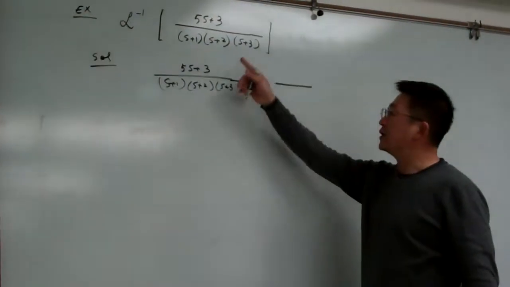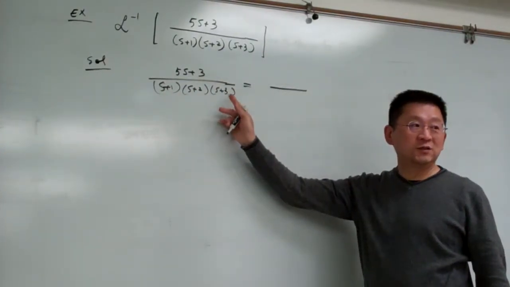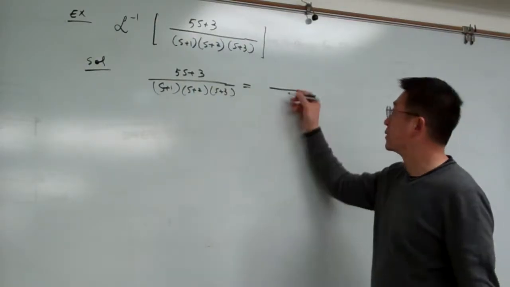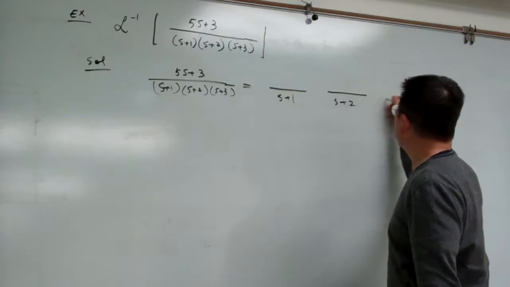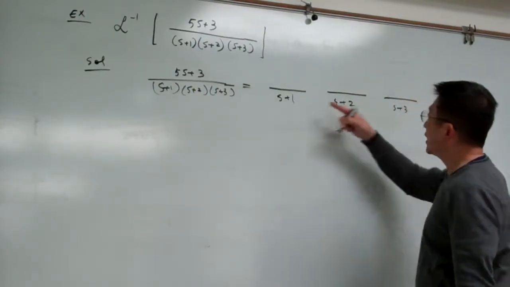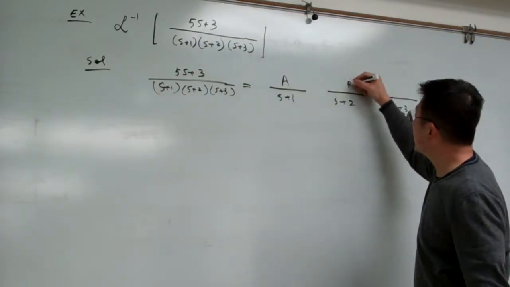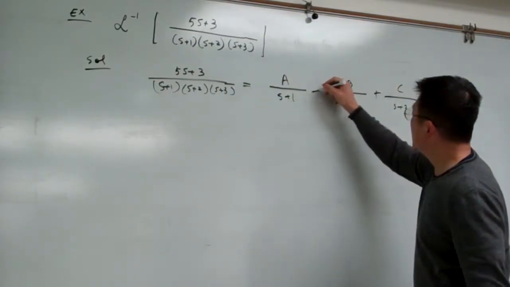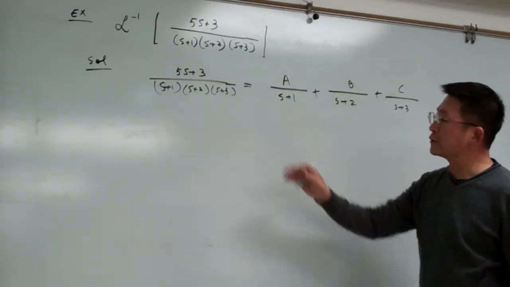Here we have a multiplication of three linear terms, so we simply factorize for each term: s plus 1, s plus 2 and s plus 3. We don't know what the coefficients are, so we simply put them as A, B, C, and we're going to determine A, B, C using this one.